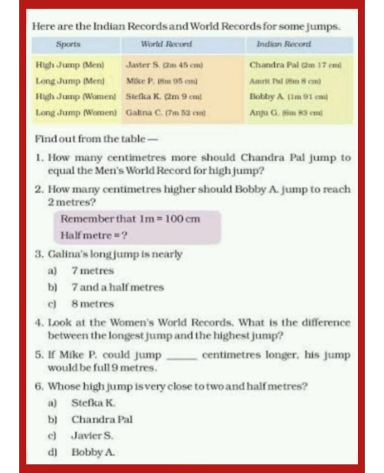High jump values: 2 meters 45 centimeters minus 2 meters 17 centimeters. So the answer is 28 centimeters. So 28 centimeters more should Chandrapal jump to equal the men's world record for high jump.